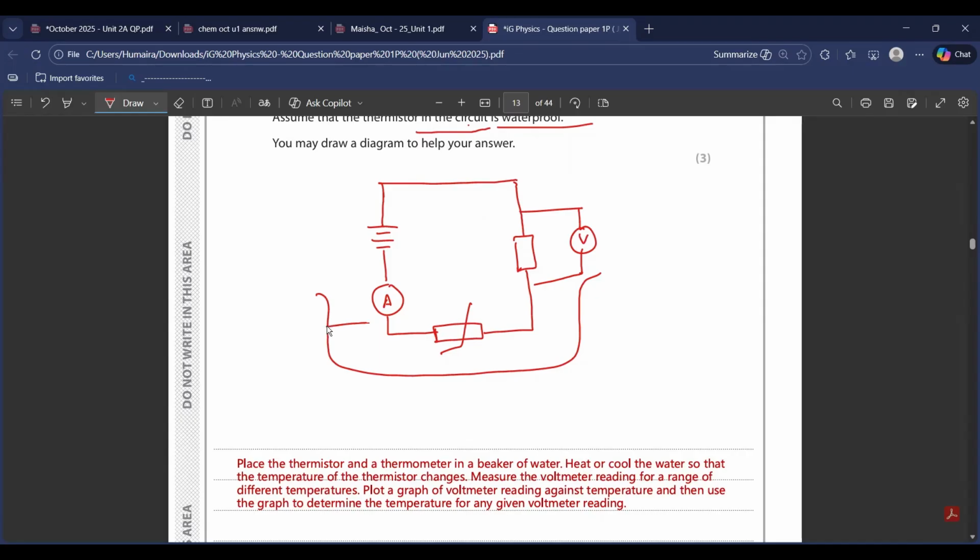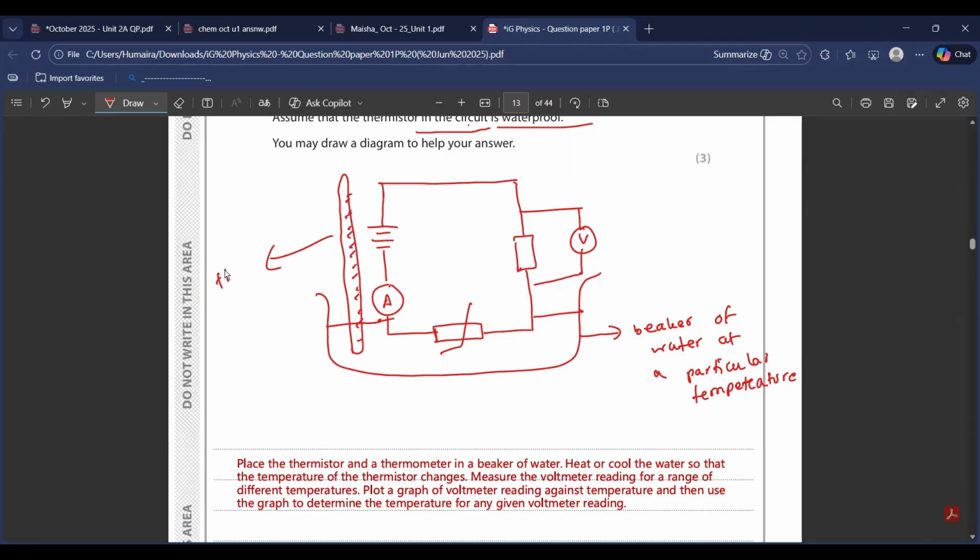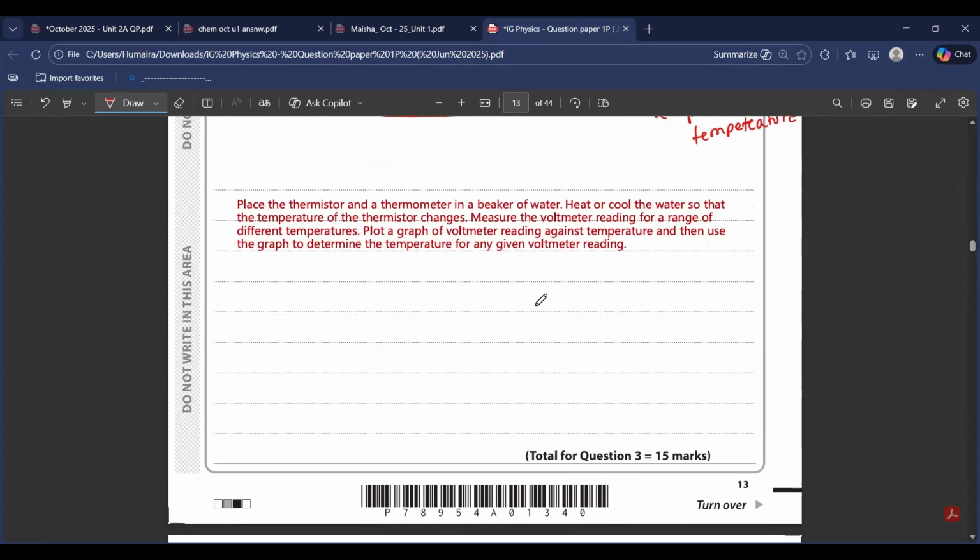Yeah, done. And this is the beaker of water, water at a particular temperature. We also have to add a thermometer. Done. We are done with question 3.